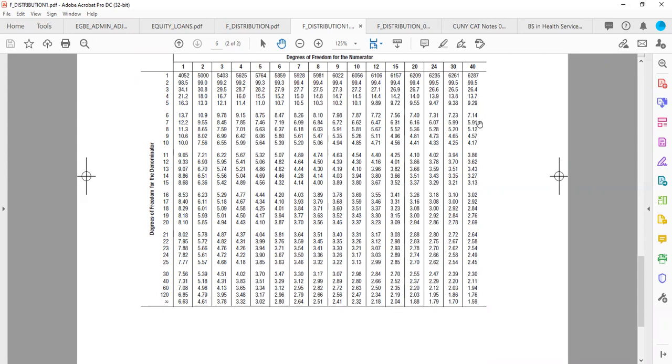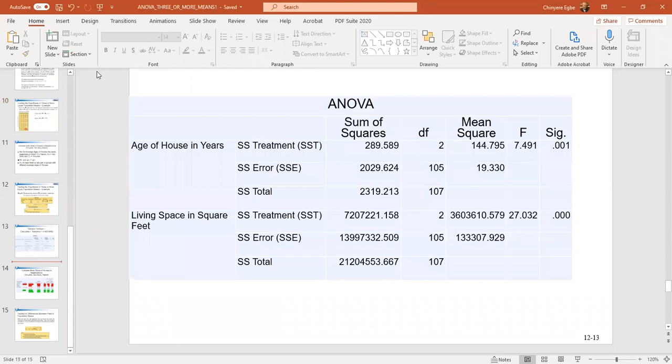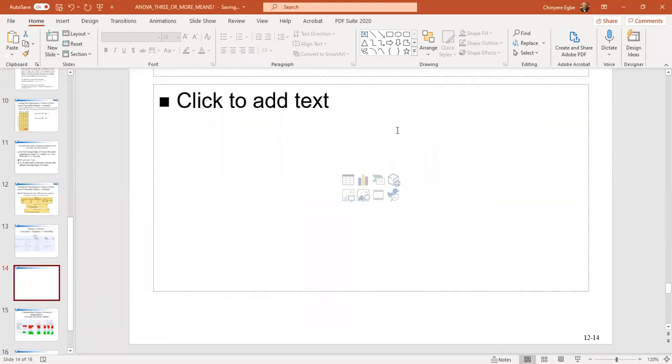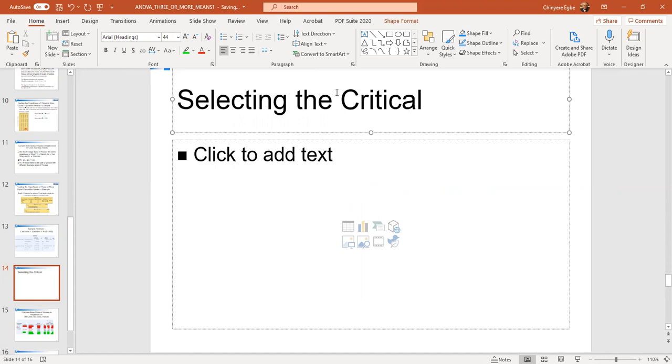So we're going to stop sharing this and go back to our PowerPoint slide. Selecting the critical F value.